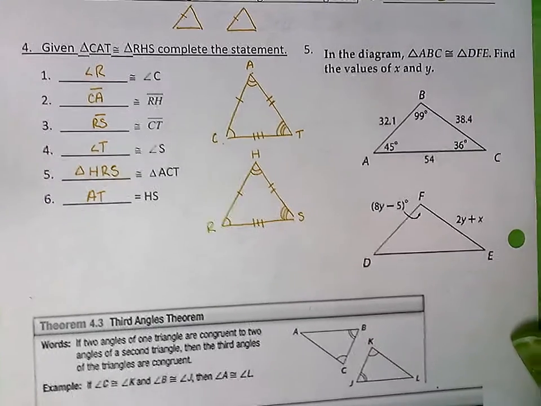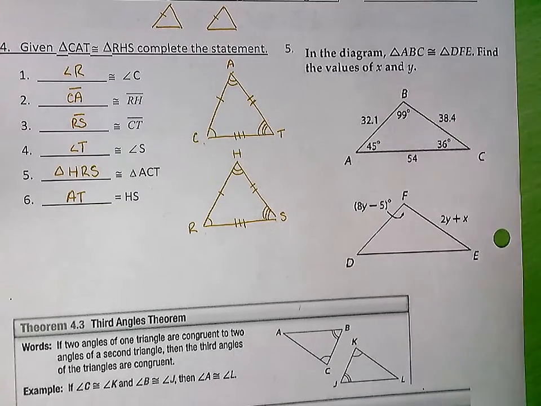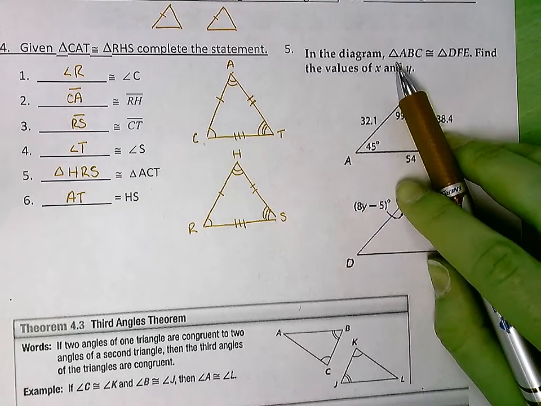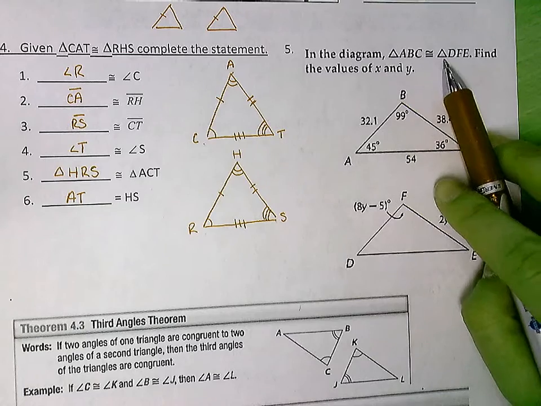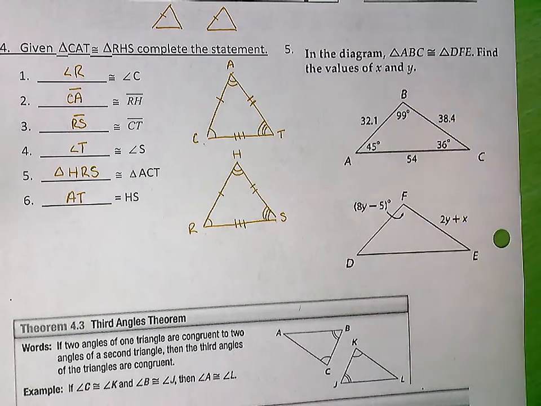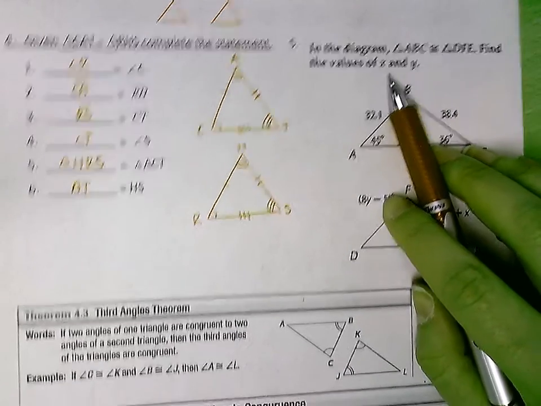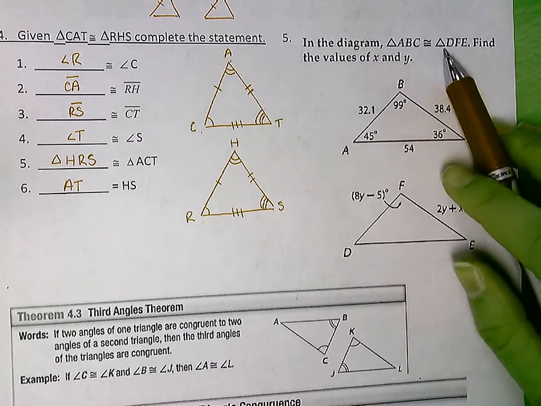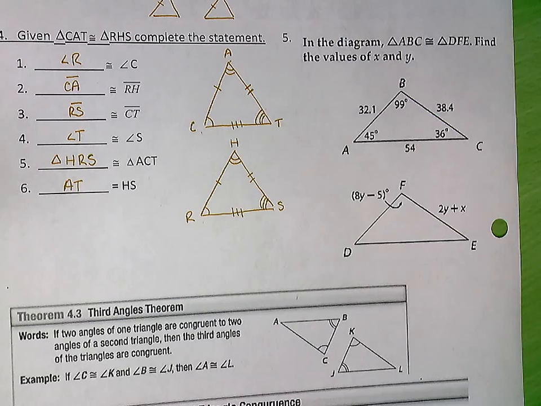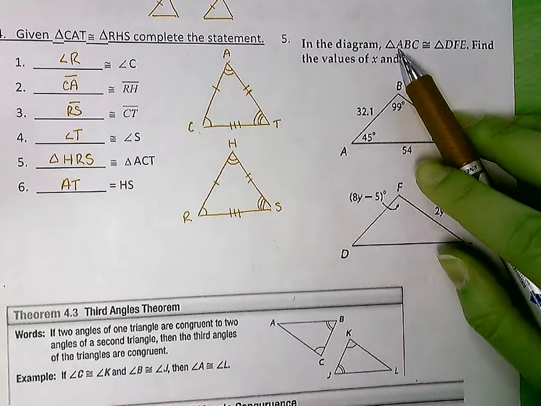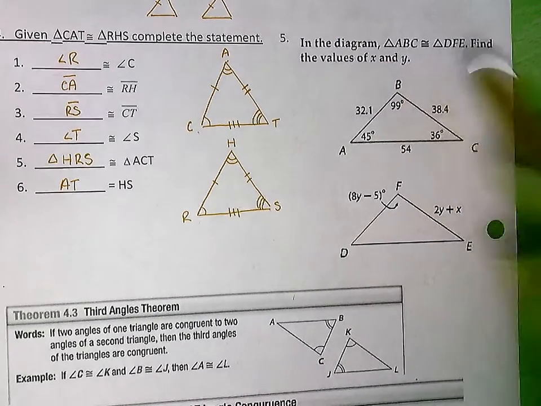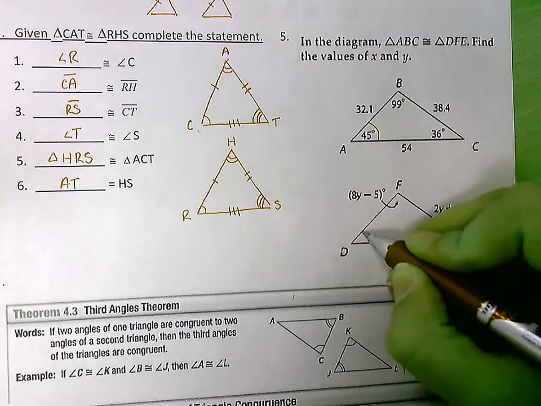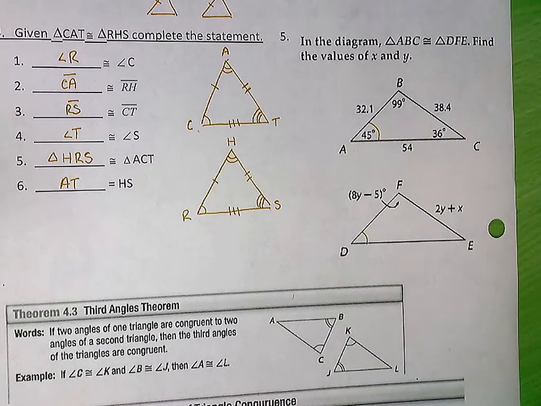Then we're going to look at number 5. In this diagram, triangle ABC is congruent to triangle DFE. We want to find the values of X and Y. So we can label our triangles with their congruencies. If I started at A and I started at D, those two angles would have to be congruent.